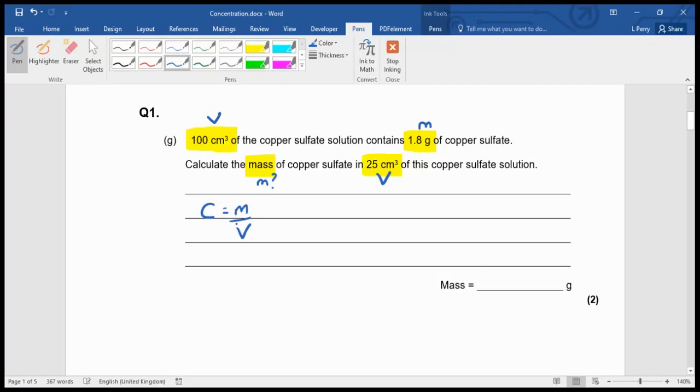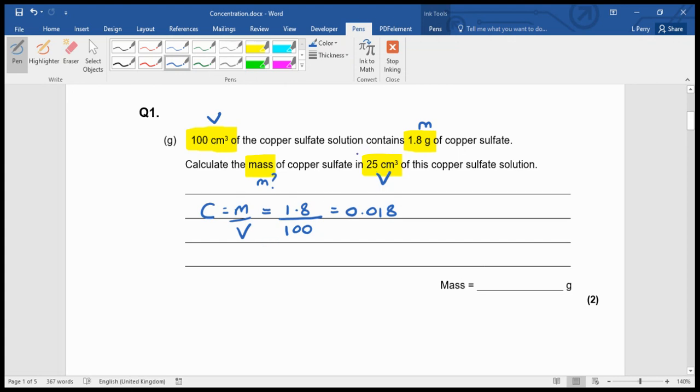Write out your equation. Then put the numbers in that you know. So I know that 1.8 grams in a volume of 100. So I know, typing that into my calculator, that the concentration is 0.018. But then in the question, they changed the situation.